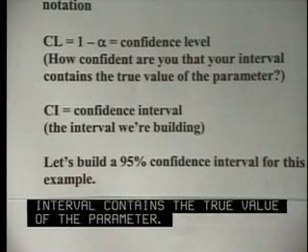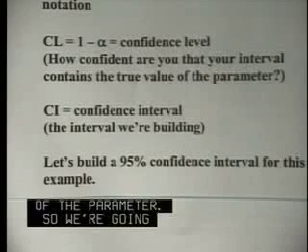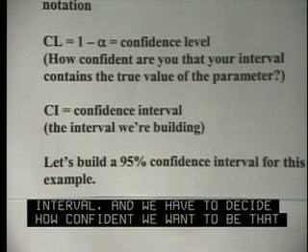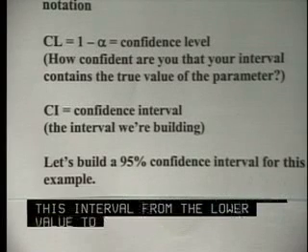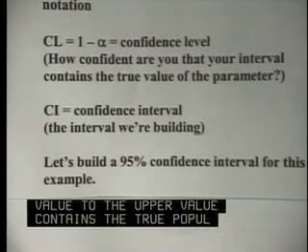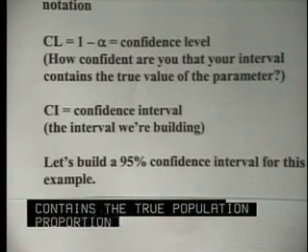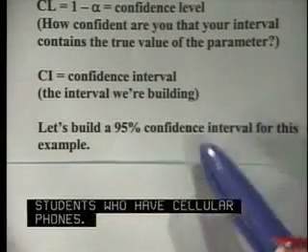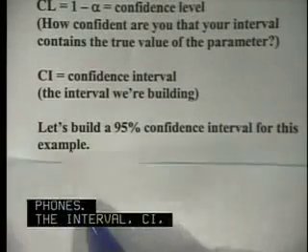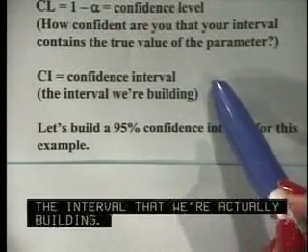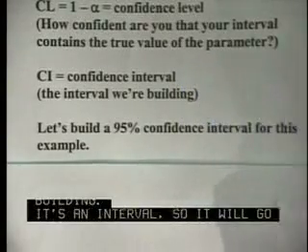So we're going to build an interval, and we have to decide how confident we want to be that this interval from the lower value to the upper value contains the true population proportion of students who have cellular phones. The interval, CI, is abbreviated confidence interval, and this is the interval that we're actually building. It will go from a lower value to an upper value.